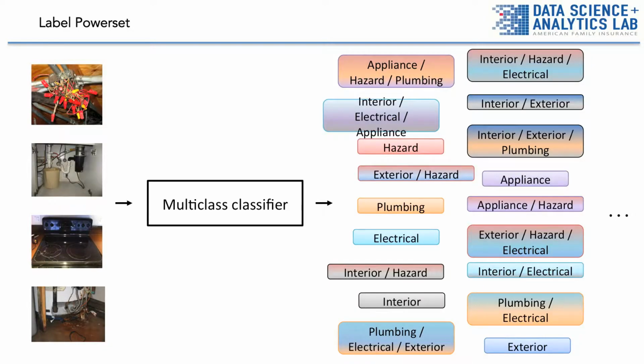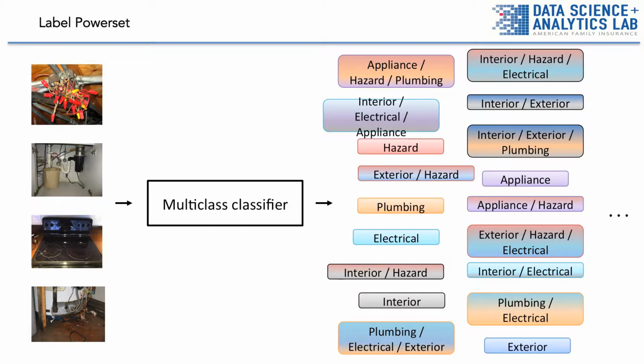Now, I should say, in reality, just a small subset of the power set of label combinations are actually going to be instantiated in our training data, so we don't typically have to deal with 2 to the n, but still we have to deal with a pretty large number of label combinations. So this is what it looks like graphically. Approximately, we're going to just build one big multi-class classifier, and it's going to have a ton of output classes.